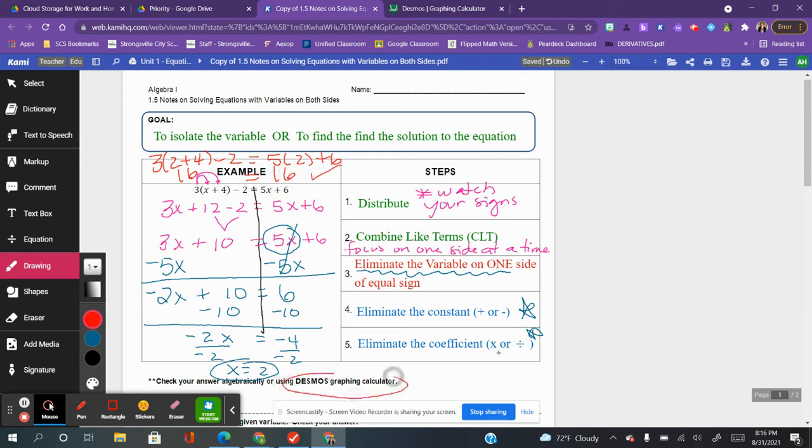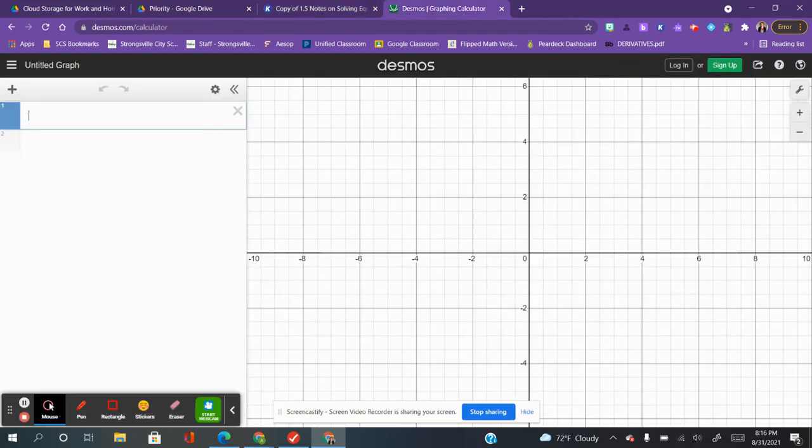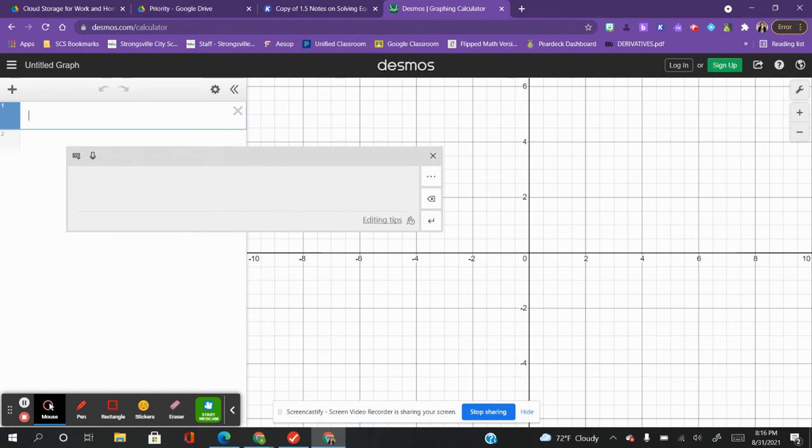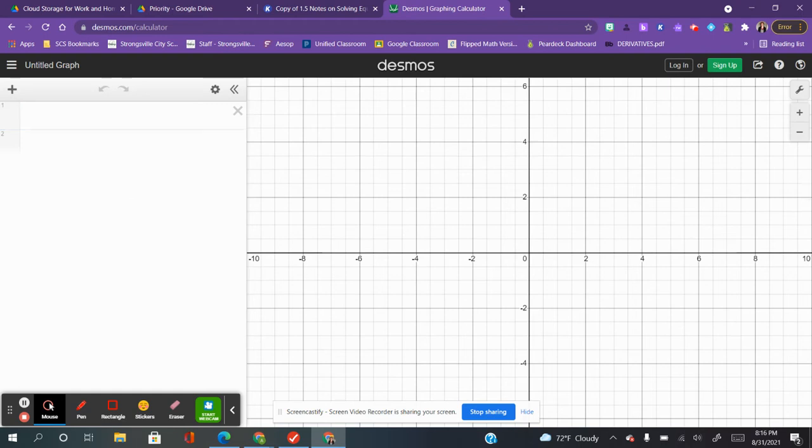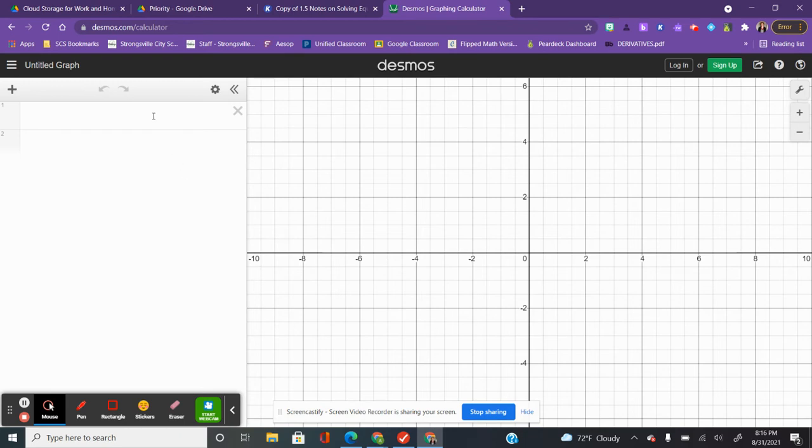But I want to show you how to do this on the Desmos graphing calculator. So I went to desmos.com. When I go to desmos.com, I need to type into my calculator what's on the left side of that equal bar.